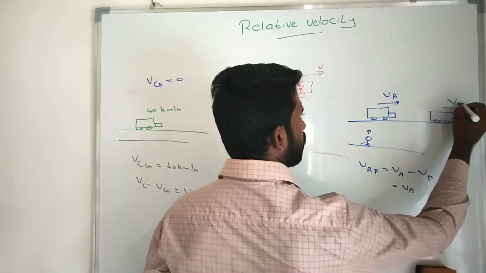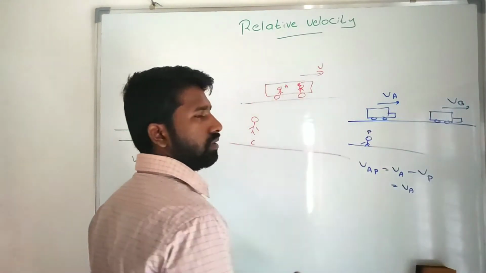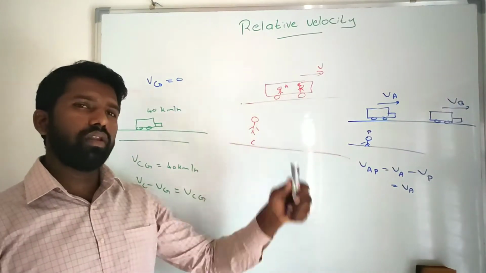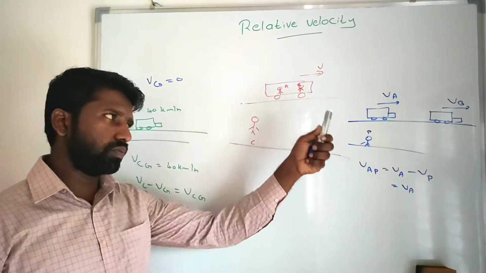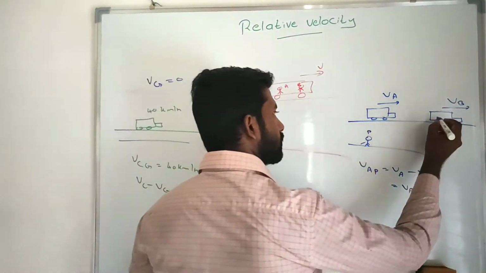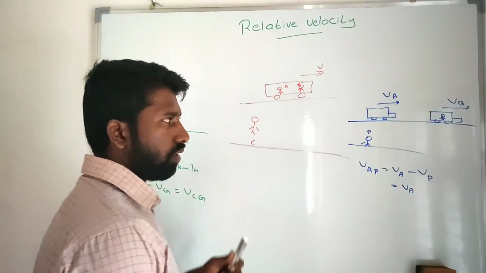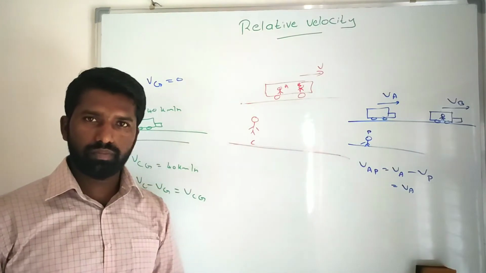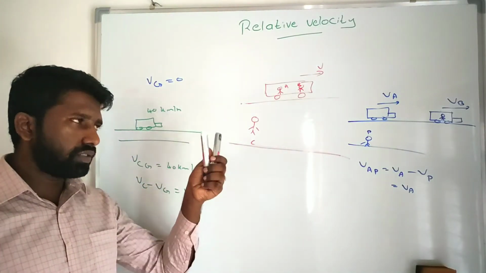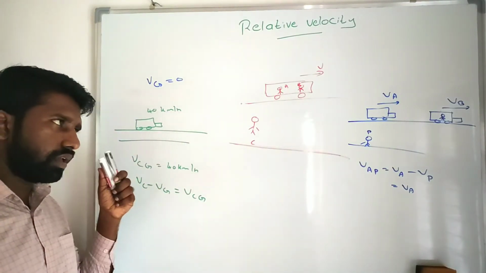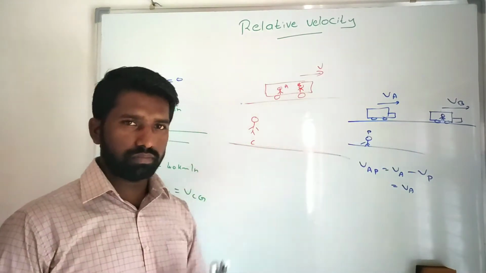Then, if another car B moves with velocity Vb in the same direction, and there is a person in B who looks at A. For B person, A appears to be coming towards him.